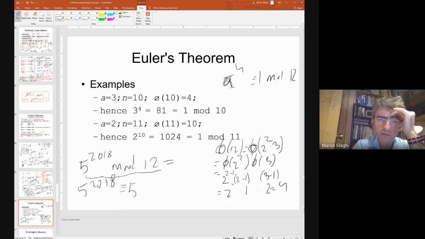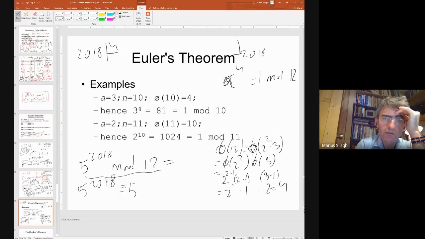So you write 2018 divided by 4, if that's what you prefer. So divided by 4, and you're going to say that this is going to be equal with 5 times 4, it's 20, then 0, then 8 divided by 4, it's 4, and you say it's 16, and 18 minus 16 is 2.